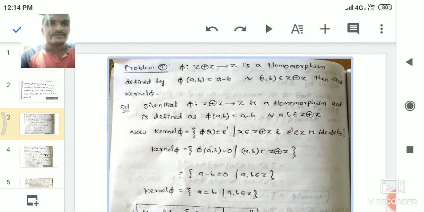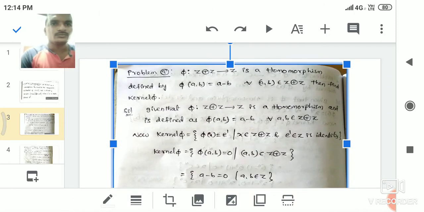Here phi is a homomorphism from Z direct sum Z to Z defined by phi of (a, b) is equal to a minus b for every (a, b) belonging to Z direct sum Z. Then find the kernel of phi. Here the domain is a group, Z direct sum Z, which contains the set of all ordered pairs (a, b).